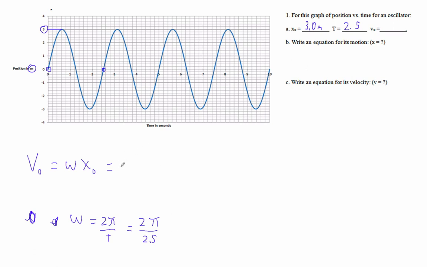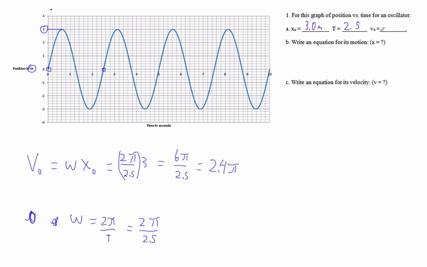Our maximum velocity is 2 pi over 2.5 times x naught, which is 3, right? And that ends up being 6 pi over 2.5, which ends up being, 6 over 2.5, that's 2.4. Okay, that's crazy. Okay, 2.4 pi. So the maximum velocity is 2.4 pi.